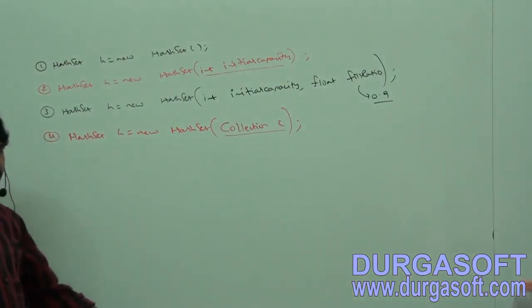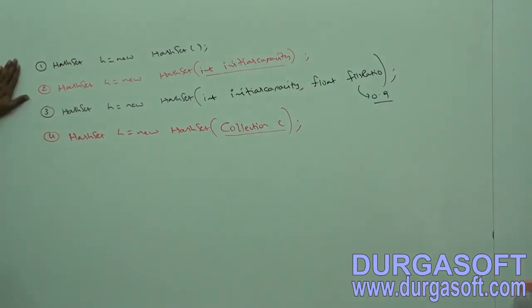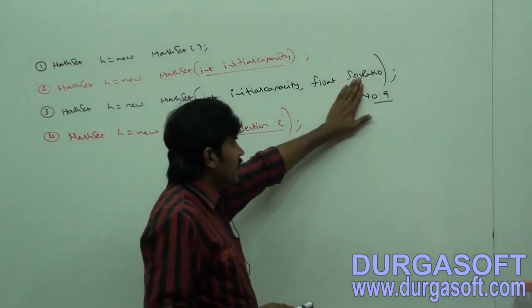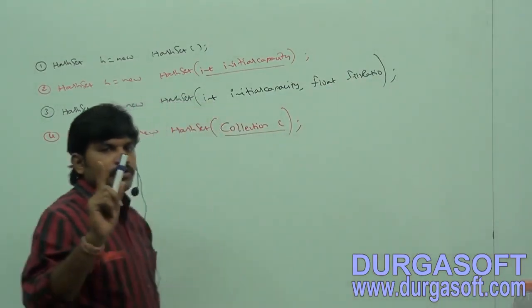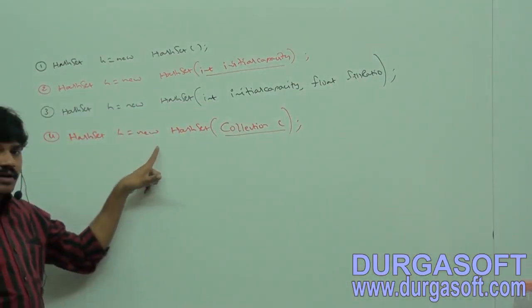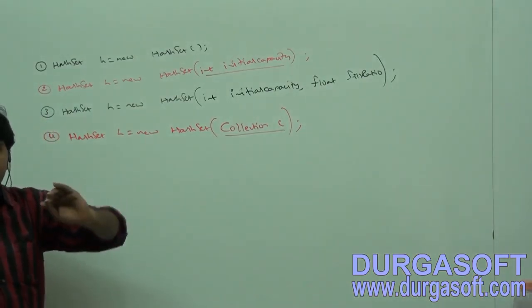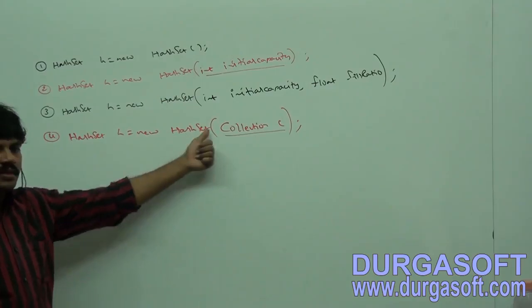Okay, that's all. Are you getting it? So these are the four constructors we have. This constructor is meant for interconversion between collection objects, from one collection to another collection. Related to HashSet, this is the constructor.